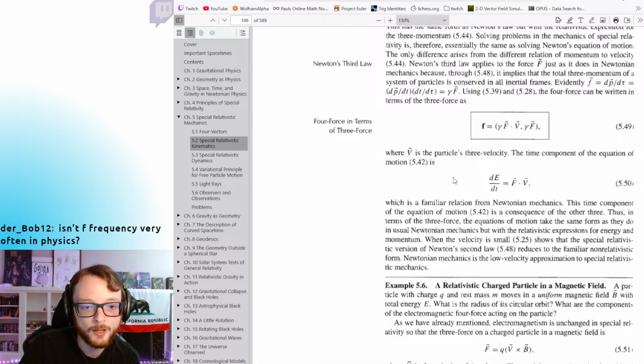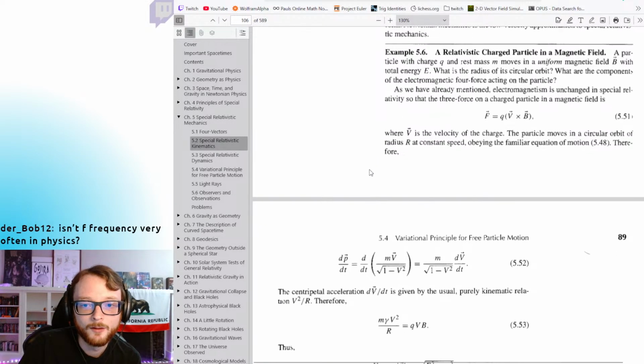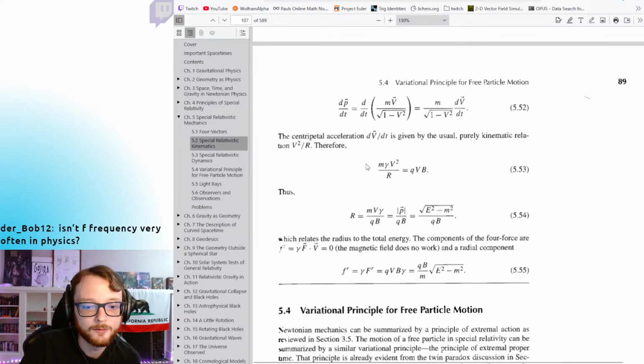Usually I see the Greek letter omega for frequency. In this book, we're using lowercase f to mean force, but in special relativity terms, which is a little bit different than regular Newtonian terms. There's a lot of new notation to catch in this chapter.